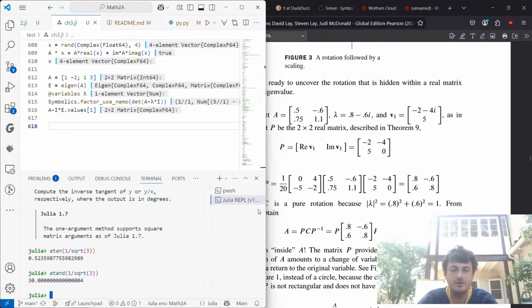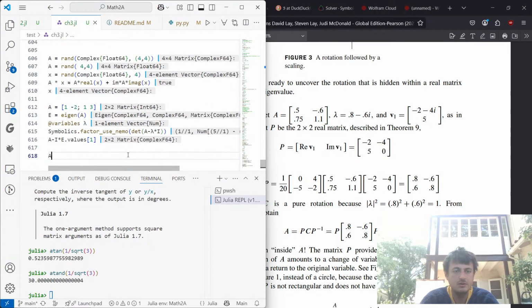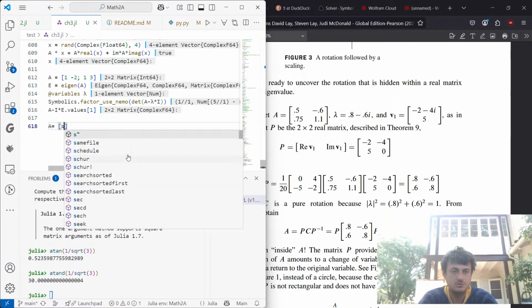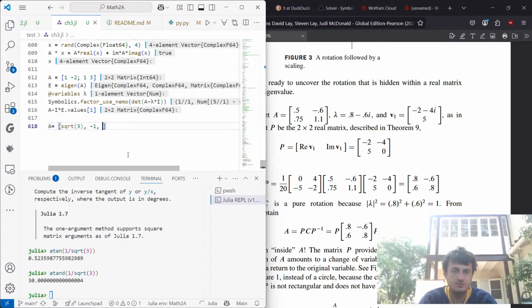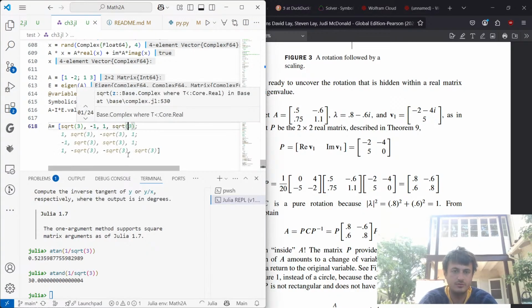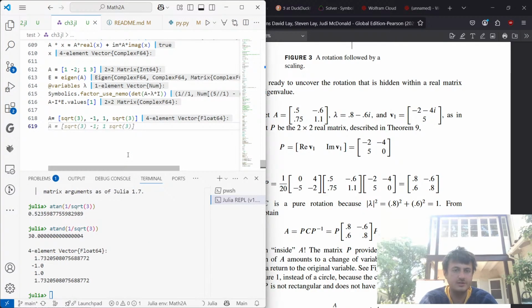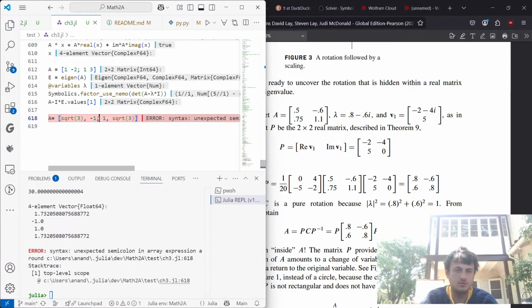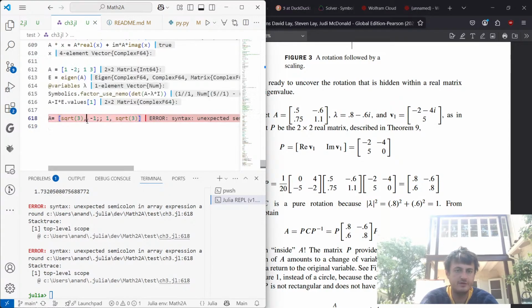Okay, so here's what I want to know. If we have this A, where's A? Square root 3, minus 1, square root 3. Okay, what I want to know then is if we do... Is this gonna work? I'm sick of typing, dude.